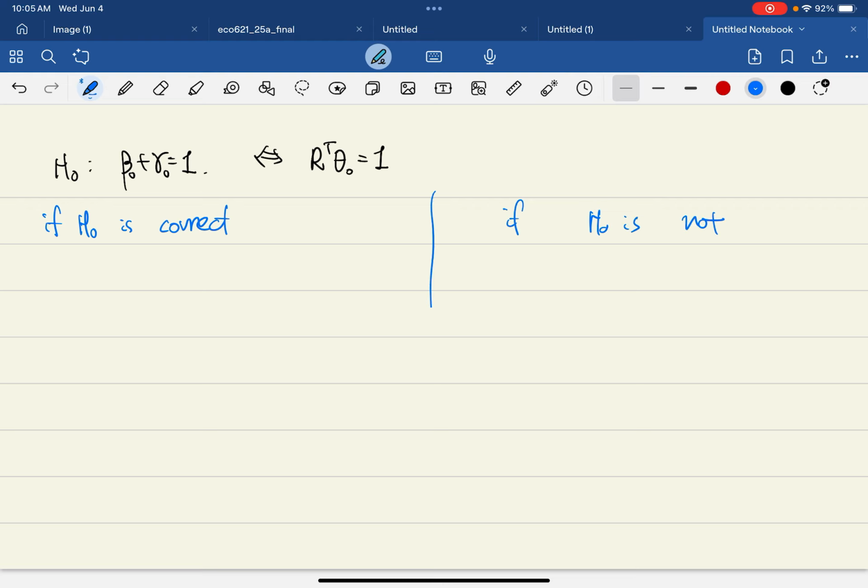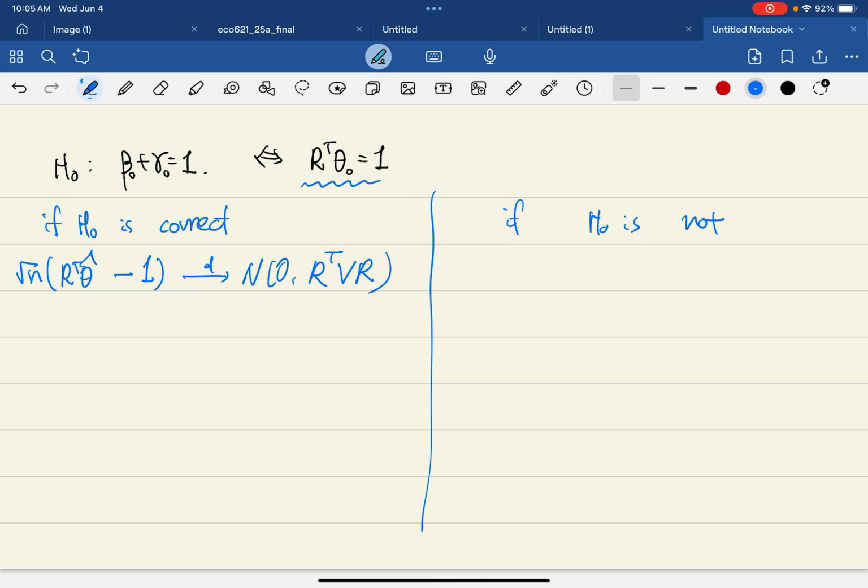If H0 is correct, then we assume r transpose theta 0 equals 1, and from the earlier derivation we get that square root of n times r transpose theta hat minus 1 is approximately normal 0, r transpose V r.